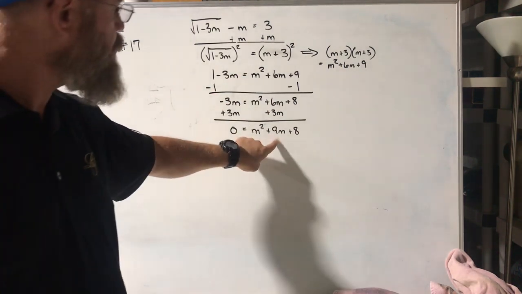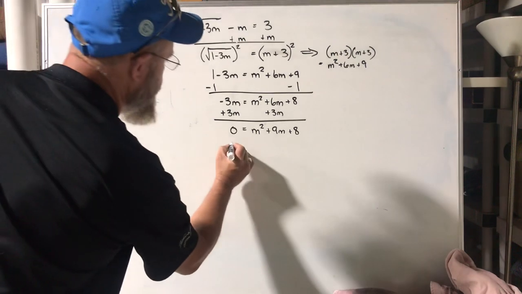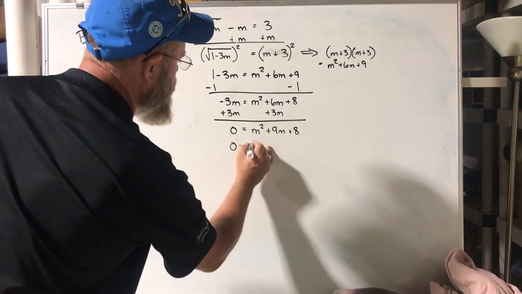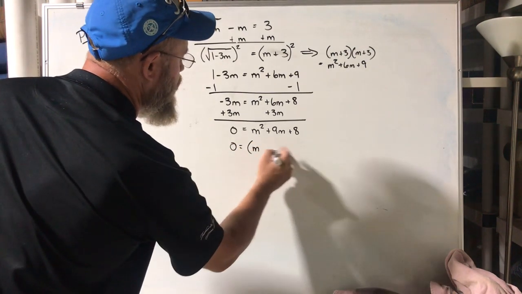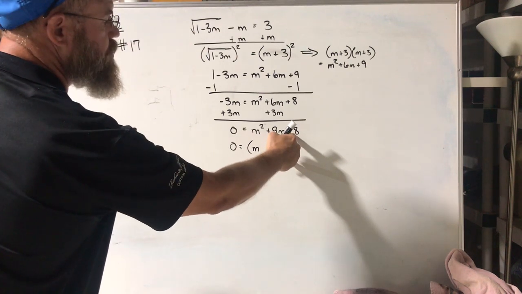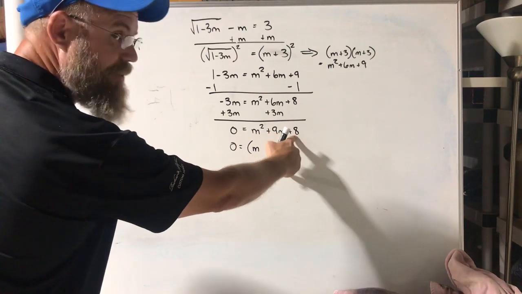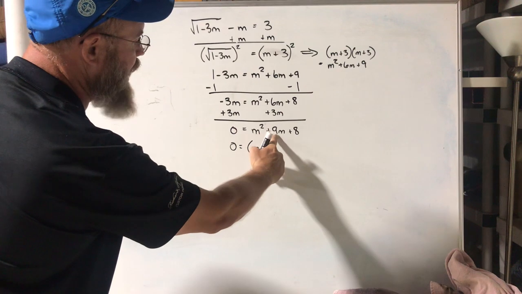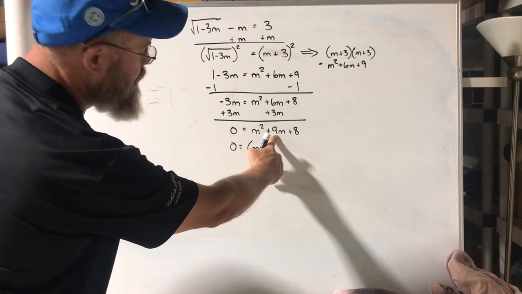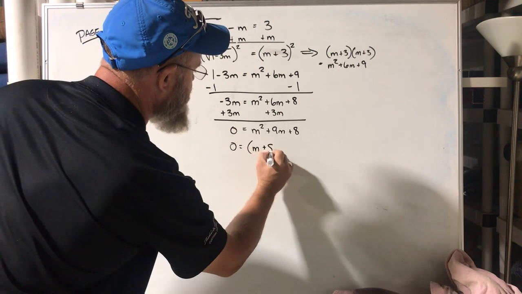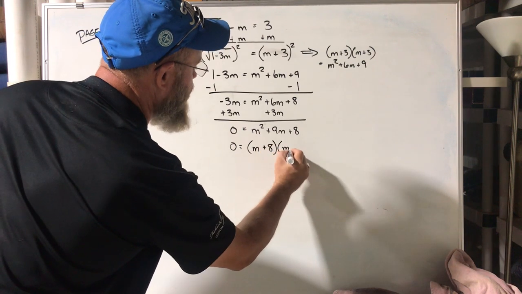So what we have to do is factor this. 0 equals m... okay, we need two numbers that multiplied together give us 8 and added together give us 9. So that would be m plus 8 and m plus 1.